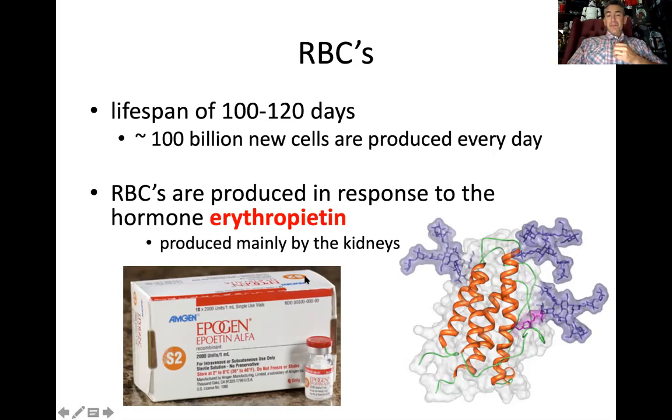Erythropoietin is actually triggered by the kidneys. So the kidneys are responsible for releasing this hormone, which tells the body we need more blood cells or we need less blood cells. And basically, erythropoietin will trigger the formation of more blood cells. So blood cell count, blood cell volume is going to be regulated very heavily by the kidneys, right?